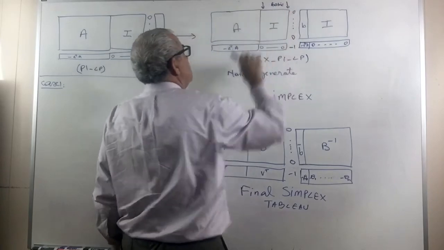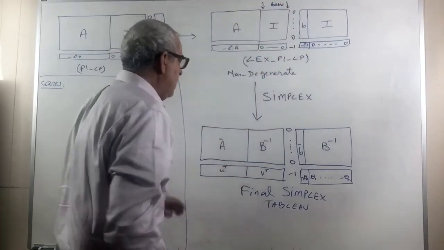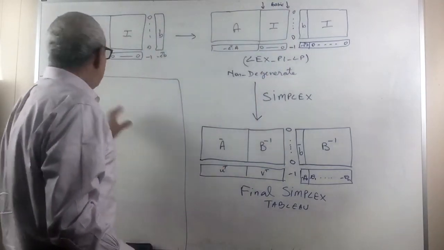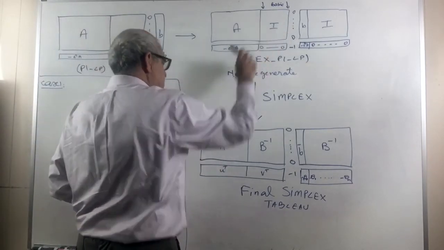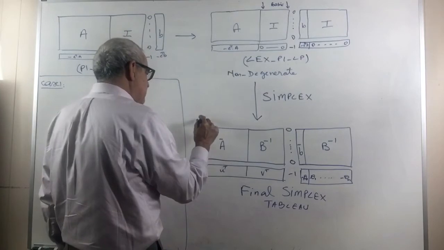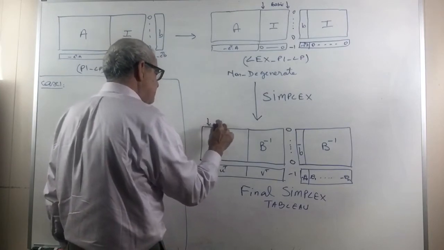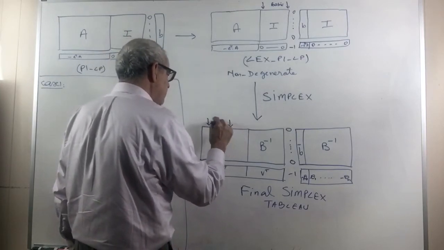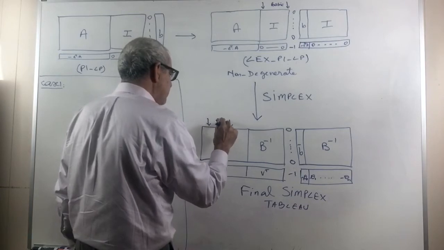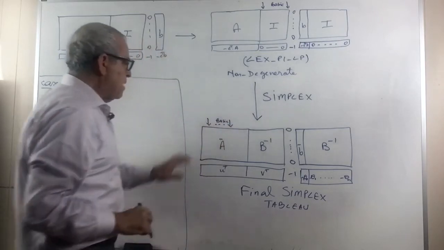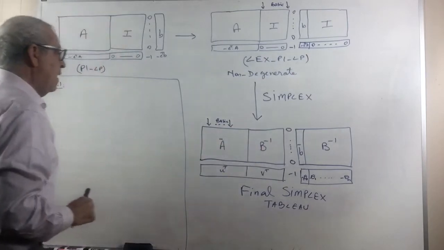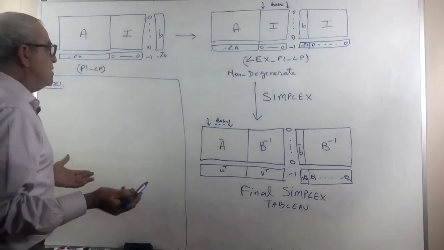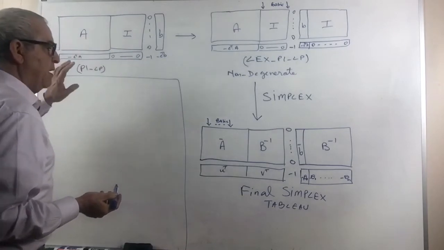This is the identity matrix. So this is my basic column. Let's assume that for this case all these artificial variables left the basis, and my basis is somewhere in here. All my basic variables are in this range here, not under the B inverse. Then we have a simplex tableau for the linear program.